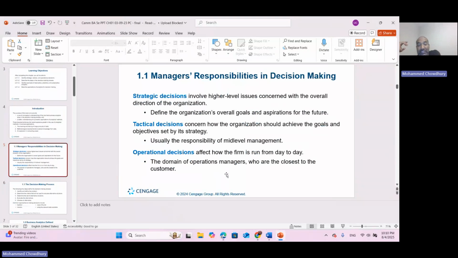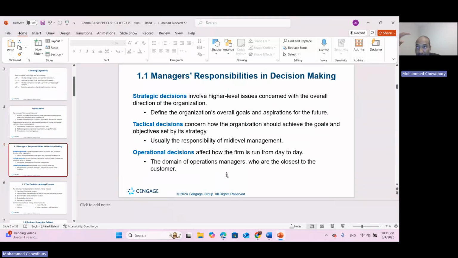And finally, operational decisions: how the overall operations of the production of revenue will continue. For example, operational decisions affect how the firm is run from day to day.